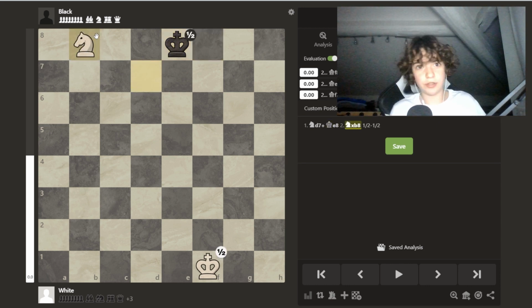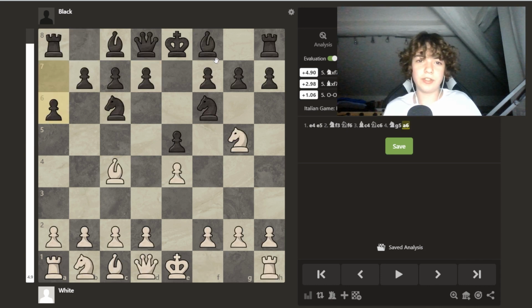Let's look at an in-game situation. An in-game situation of this could be the fried liver attack. It's an opening. I'm not going to be going over it, at least not in this video. And here, same thing as the pin. It doesn't necessarily have to be forcing. You're still going to be winning a lot of material by playing the move knight takes pawn on f7.